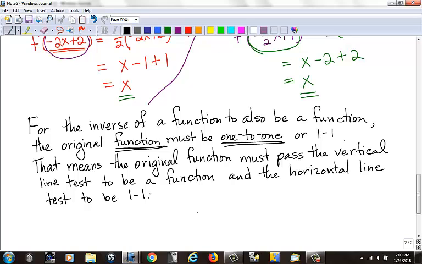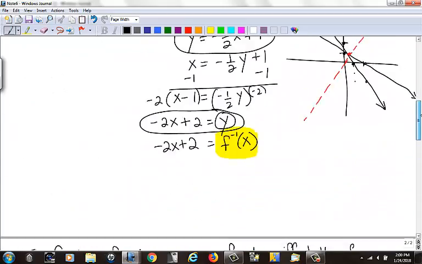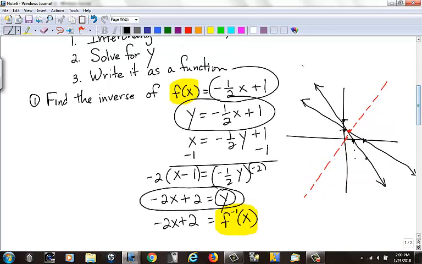If you go back up to our original example, look at the original line. The original line was negative 1/2 x plus 1. Does that line pass the vertical line test?